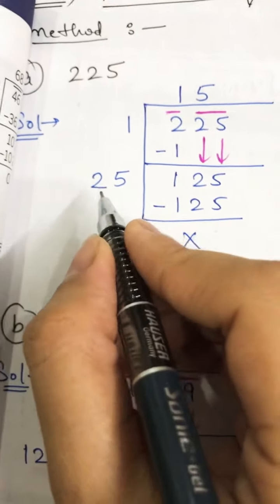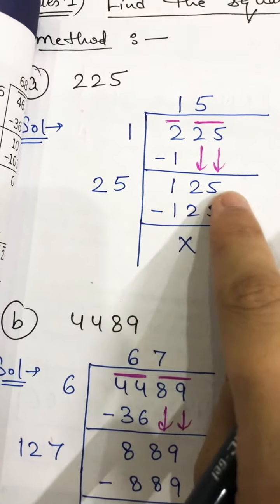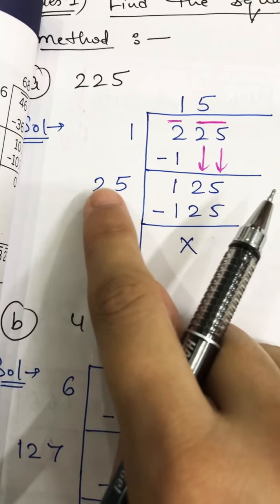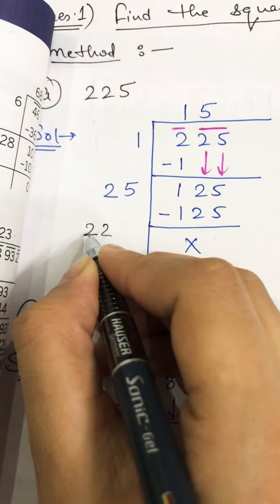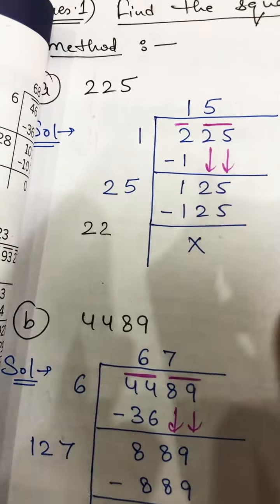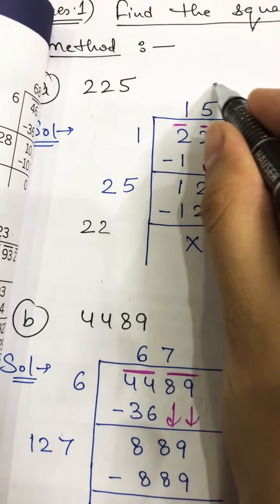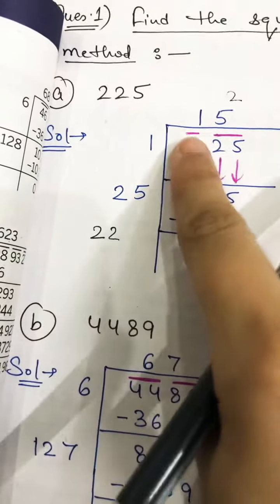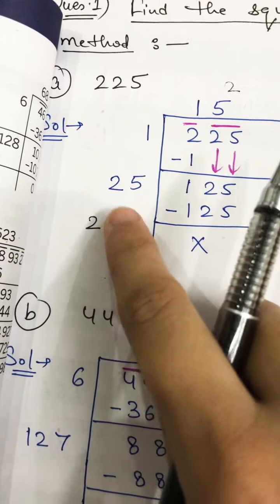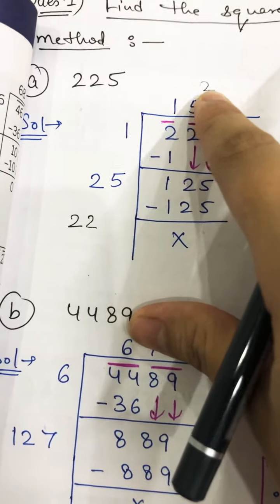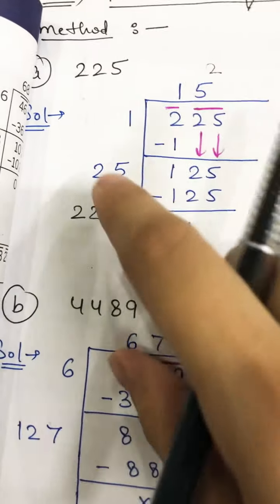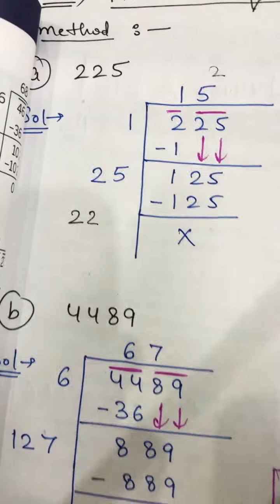Next digit will be, because now my number is 125. Suppose I write here 2 and 2, so 2 multiplied by 2. Next digit, if I write 2, then I have to place 2 here. Then 22 twos are 44. It is very small.